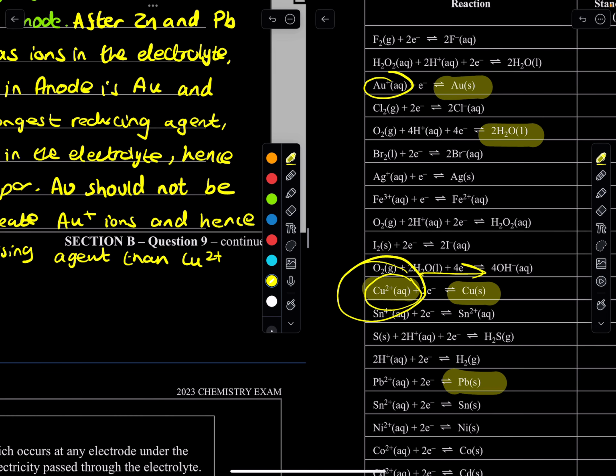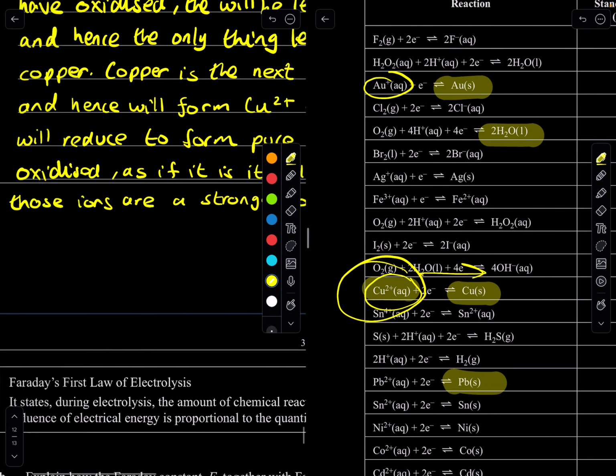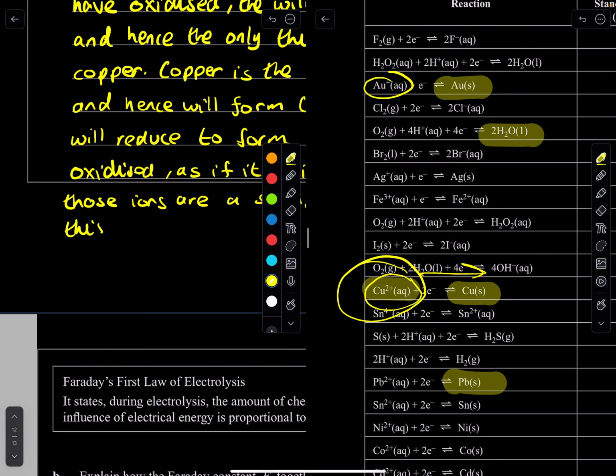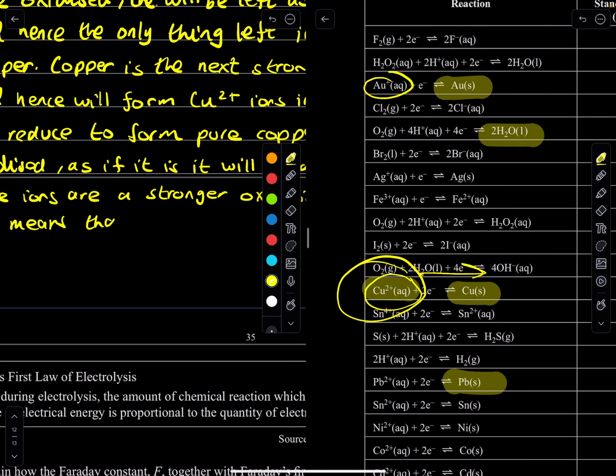Yep, that works. So this means that Au will form a layer.